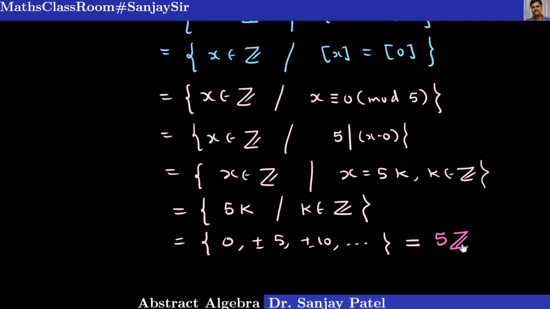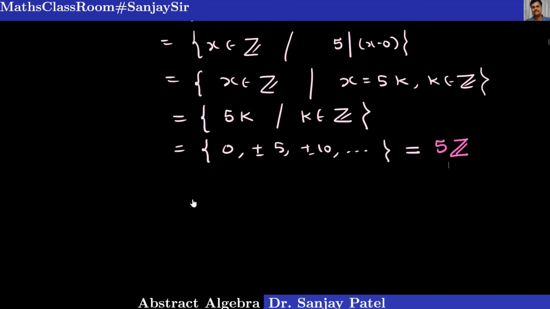So what we have proved in this problem is that the kernel of phi is 5Z, and another notation for this 5Z, as you know, is the principal ideal generated by the number 5.